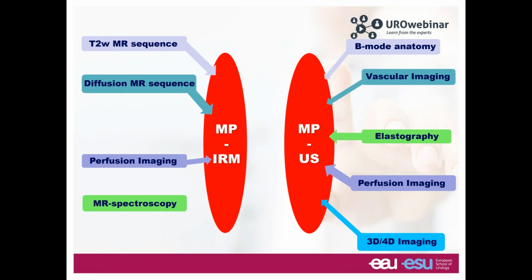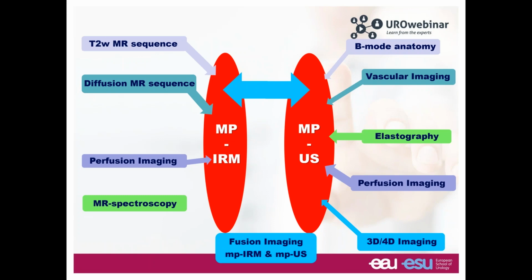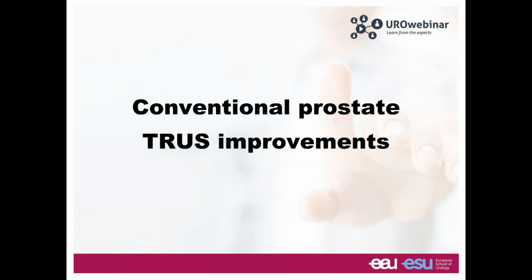Most people are not trying to combine the advantages of each modality, as these two modalities are not missing the same cancers. So the vision that I'm supporting for prostate cancer detection is based on the combination of MRI and ultrasound. That's exactly what fusion imaging is doing, for diagnosis and for biopsy.